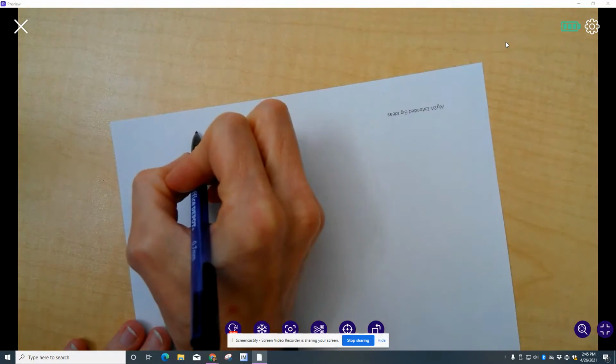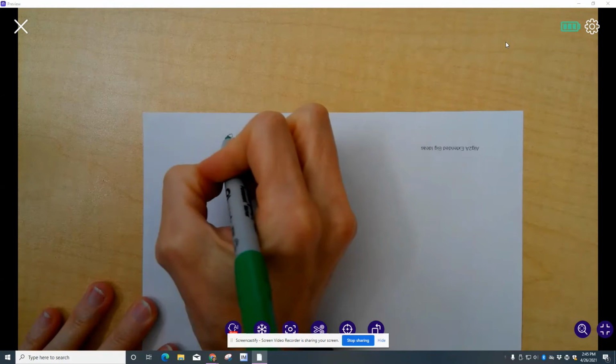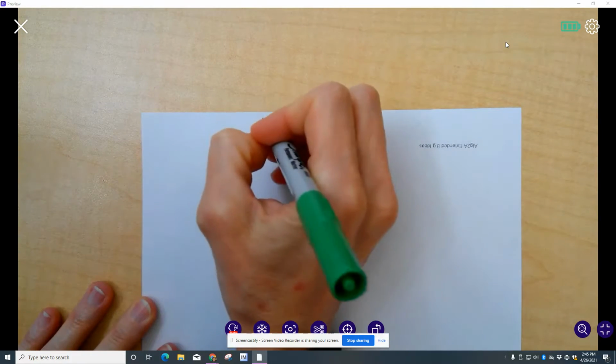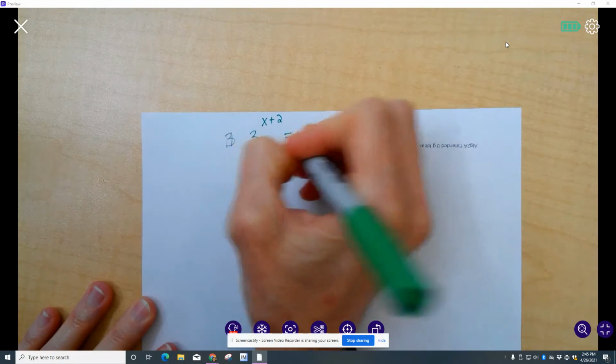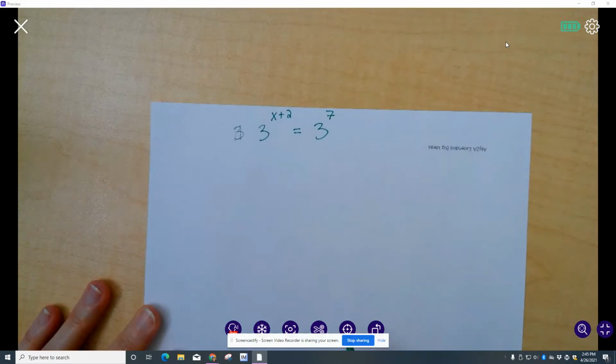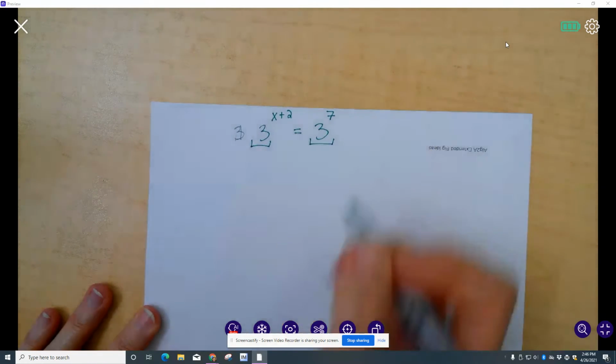So I'm just going to show you. If you have something like this, I'm going to use my marker here, it shows up a little better. You have a base 3. I'm just going to make up an equation here. So you have base 3 equal sign base 3.